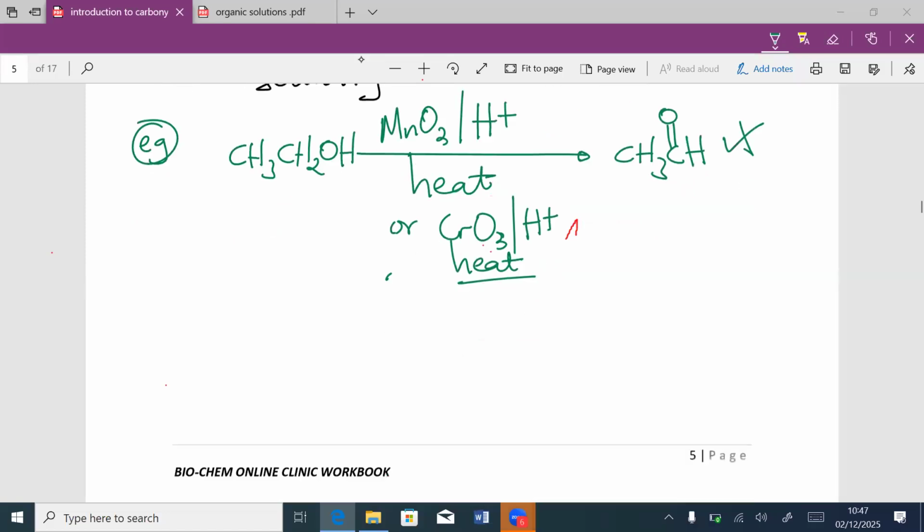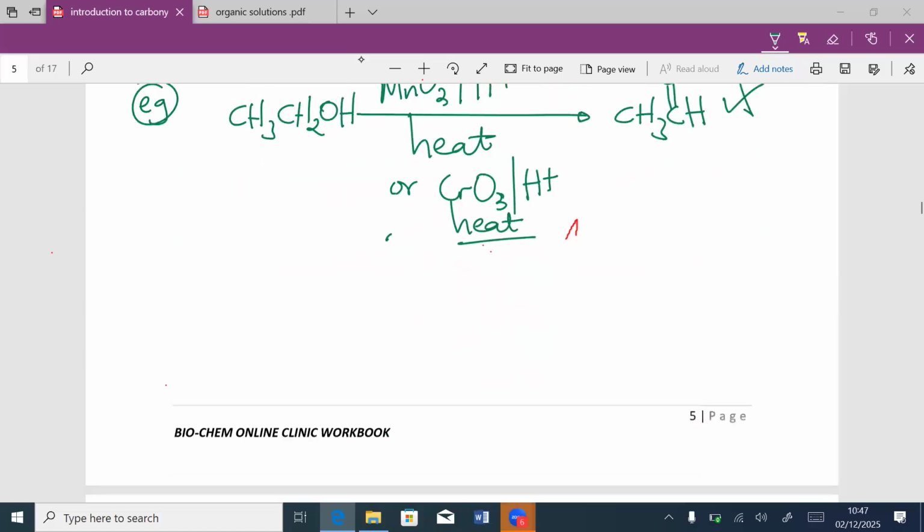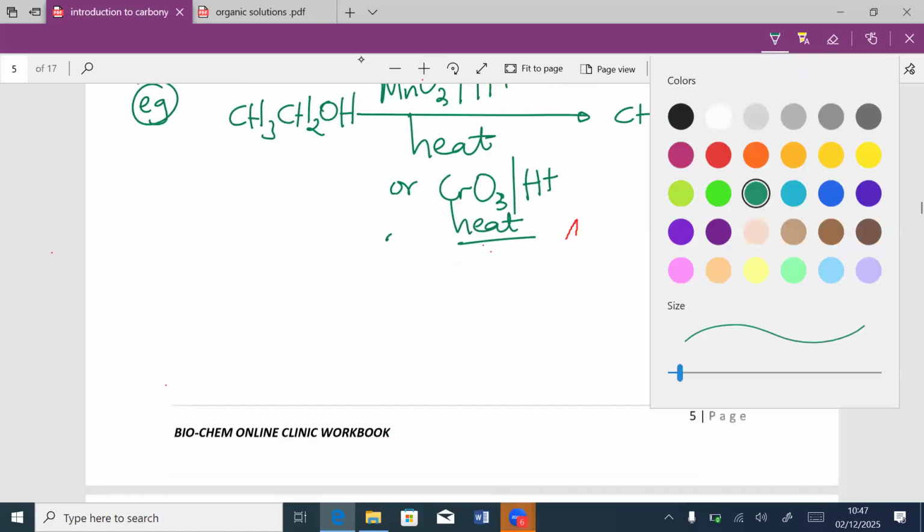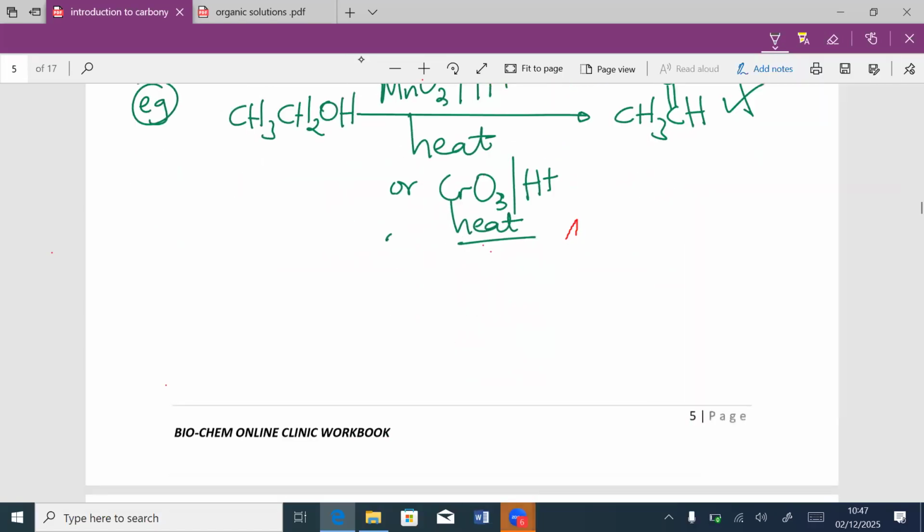Then, secondary alcohols yield for us ketones.